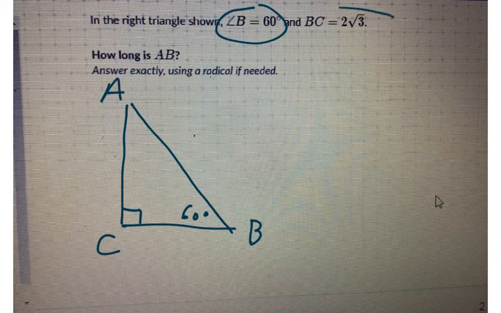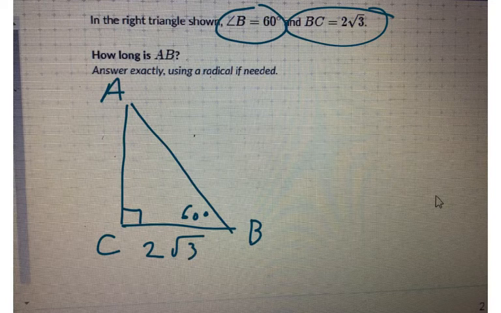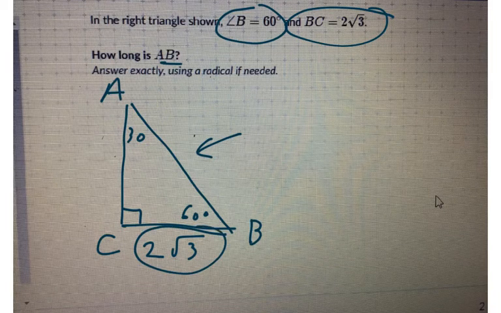So now they tell us right here that BC is 2 square root of 3. And they want to know what AB is right here. Well, guys, in this 30, 60, 90, do you understand that this is the shorter side? This side is actually a little bit longer.